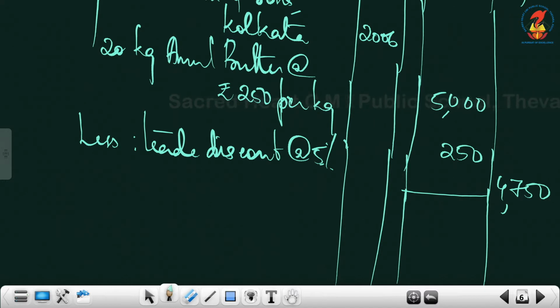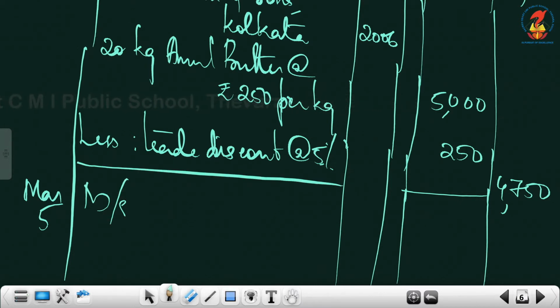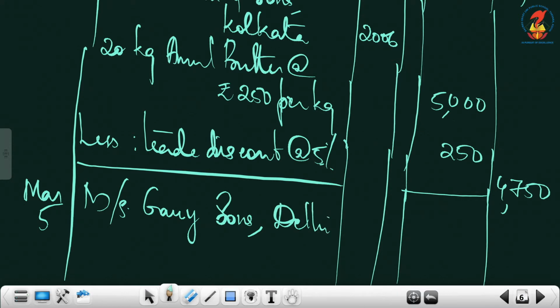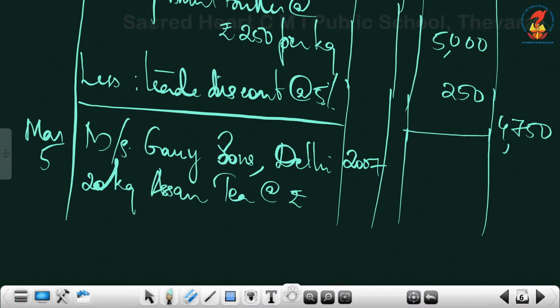Then the third one, March 5th, that is again related to your business, and that is a credit transaction, credit sale. So that also you can record here. Mrs. Gary and Sons, Delhi. Invoice number 2007. 20 kg at the rate of rupees 600 per kg.